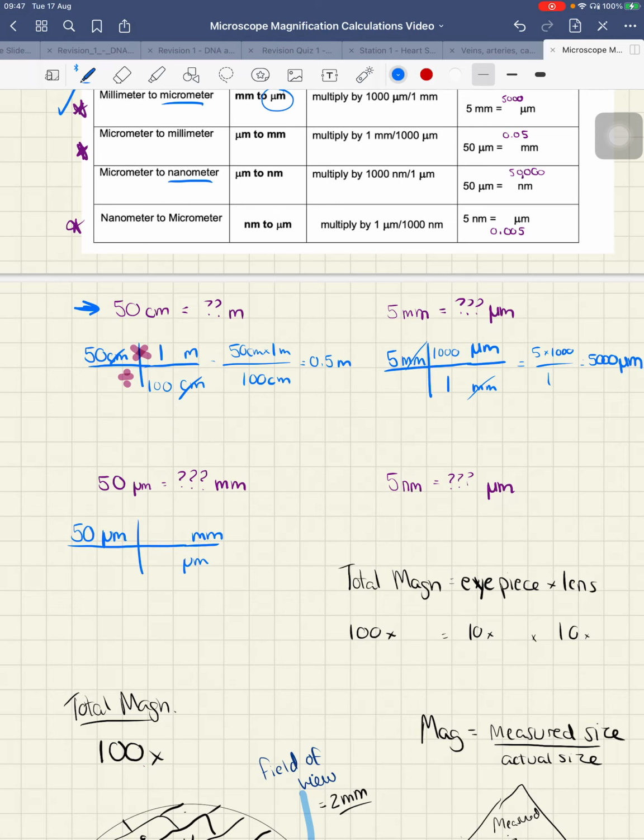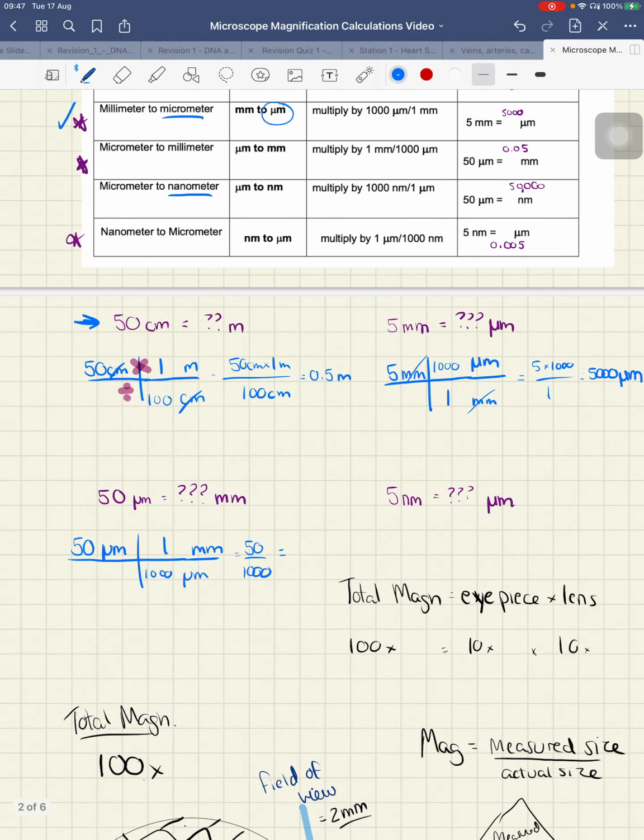We know that 1 millimeter is equal to 1,000 micrometers, so it's basically 50 divided by 1,000, which equals 0.05 millimeters.